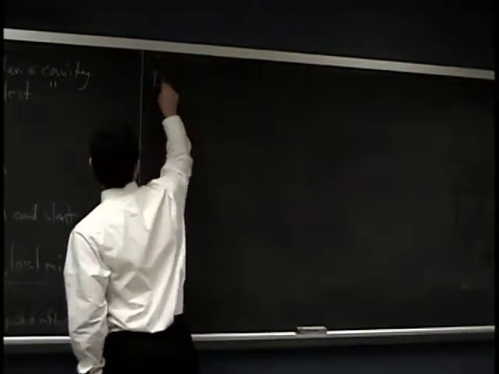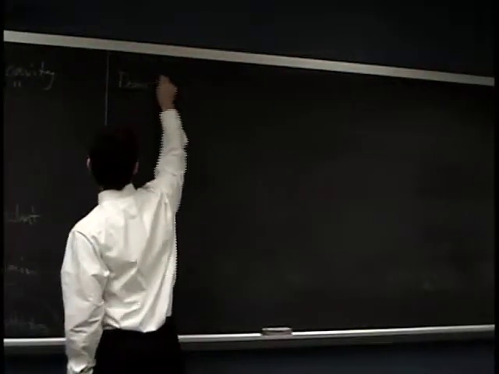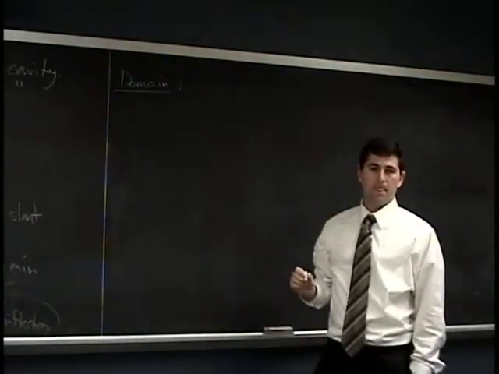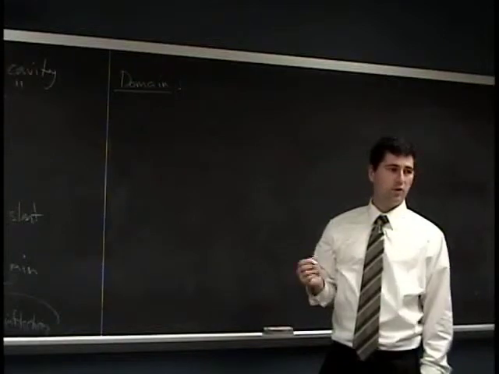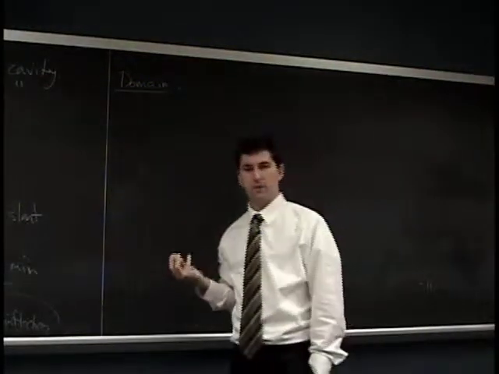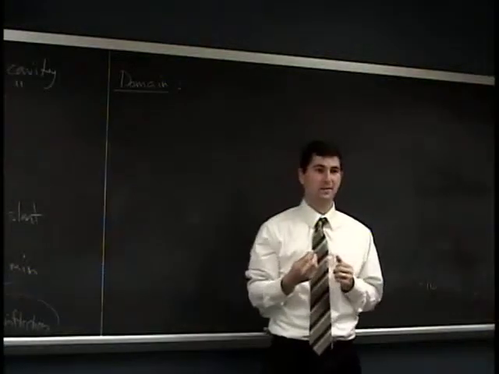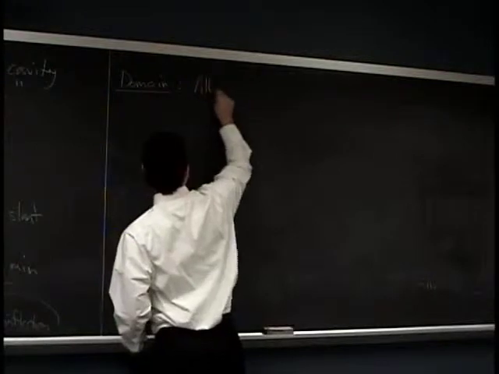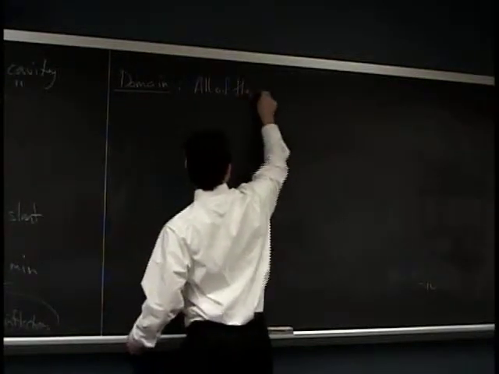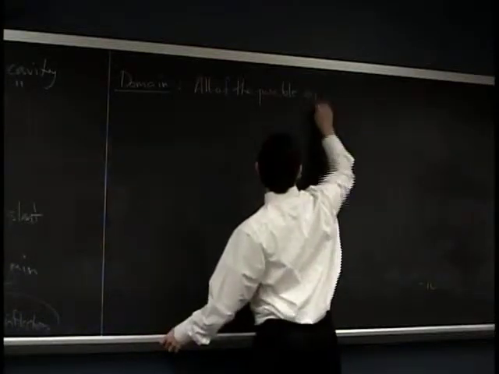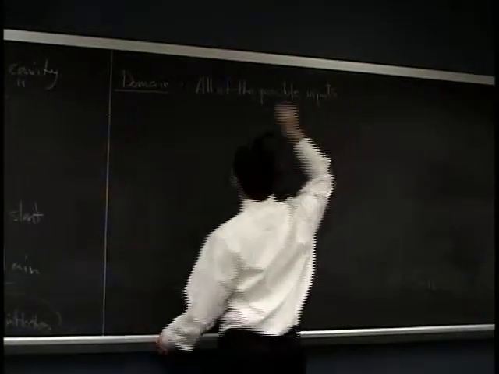So first, domain. This should be the easy part. Remember, intuitively, the domain of a function is all of the values of x that you can put into the function without breaking it. So all of the possible or allowable inputs into a function.